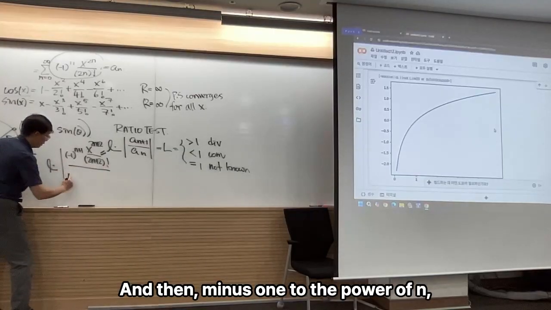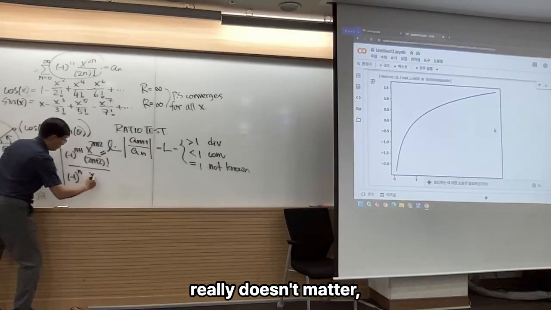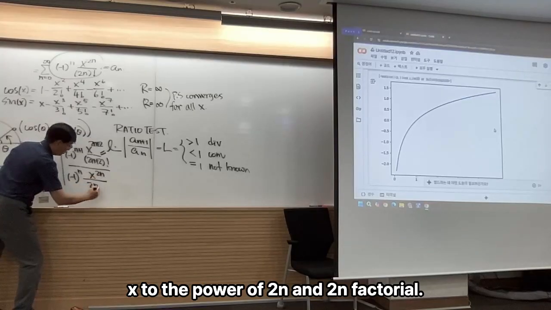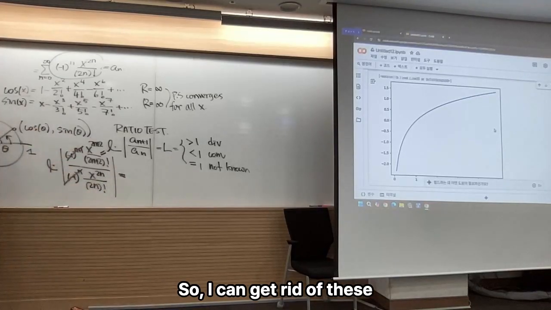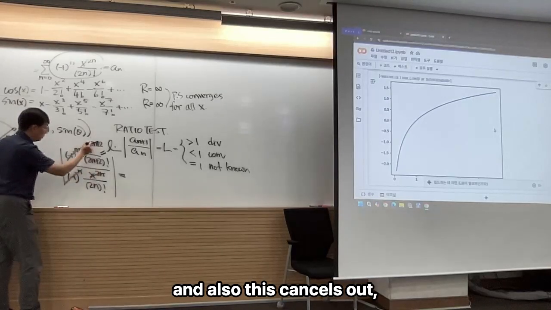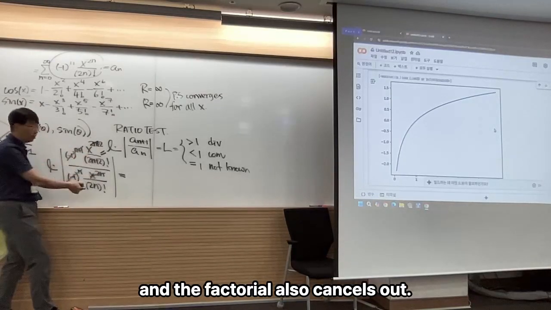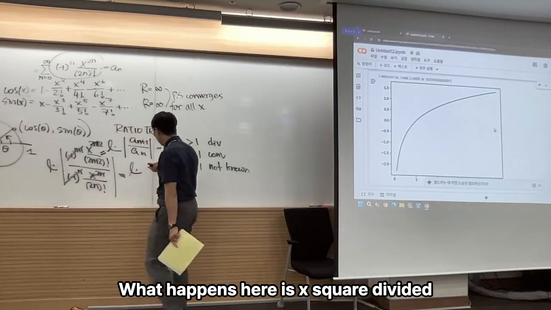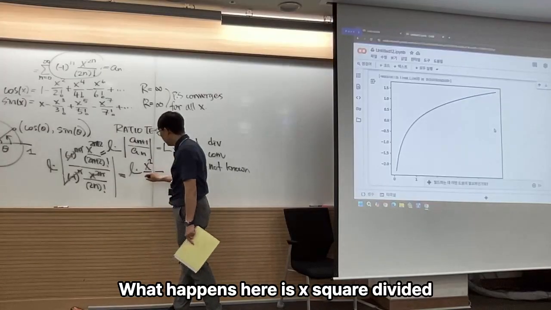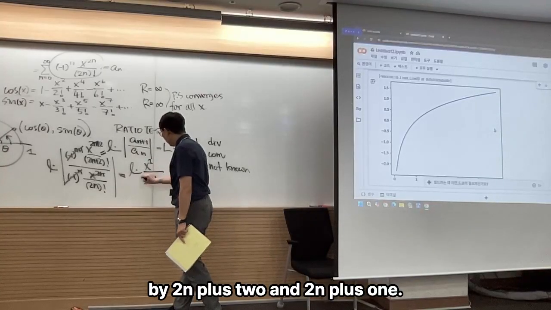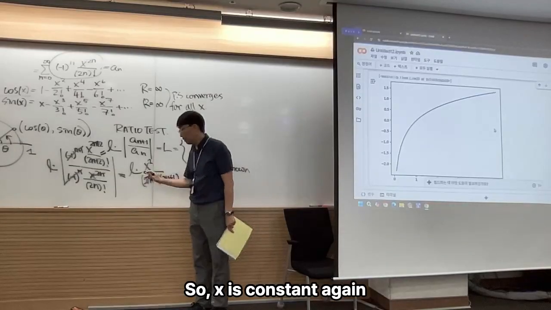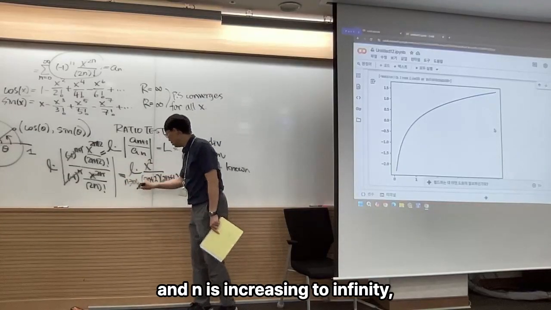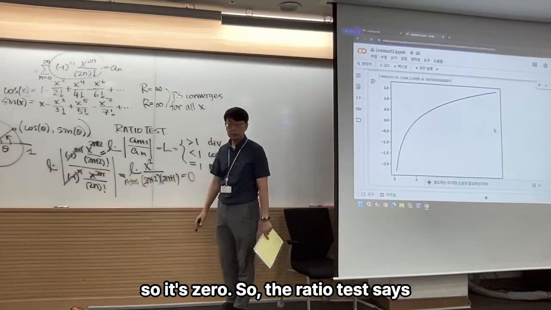And then minus 1 to the power of n, really doesn't matter, x to the power of 2n and 2n factorial. So I can get rid of these, and the factorial also cancels out. What happens here is x squared divided by 2n plus 2 and 2n plus 1. So x is constant again, and n is increasing to infinity, so it's 0.